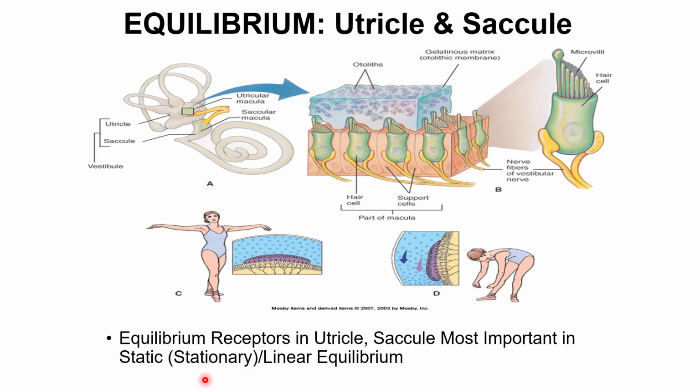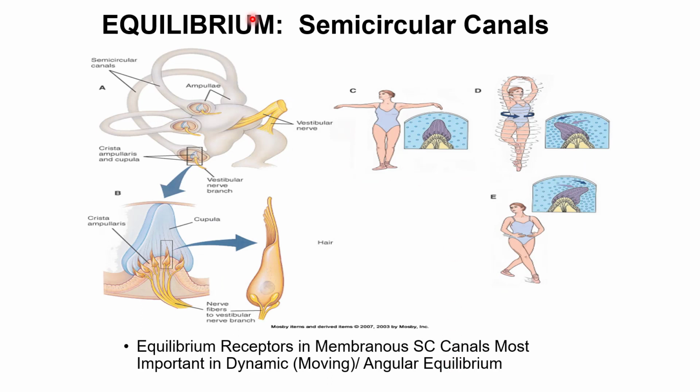Static means stationary or linear equilibrium. When we are moving forward, backward, or from side to side, that is the static or linear equilibrium. There is another equilibrium which is maintained by the semicircular canals, that is the angular.